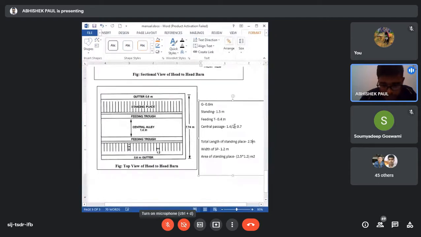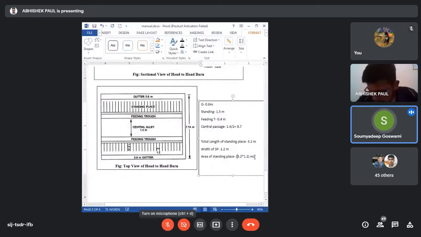So it will be 2.5 plus 3.2, 3.2 meters. Now this is 3.2 into 1.2. So how much is it coming now, Somadi? Yes, sir, 3.84. 3.84 meter square.